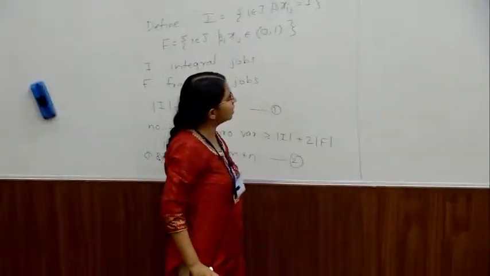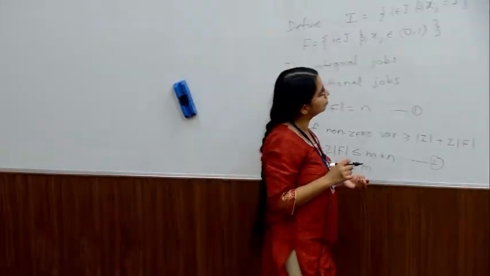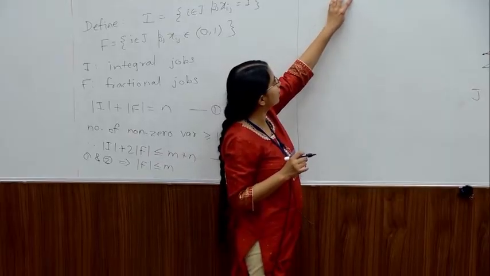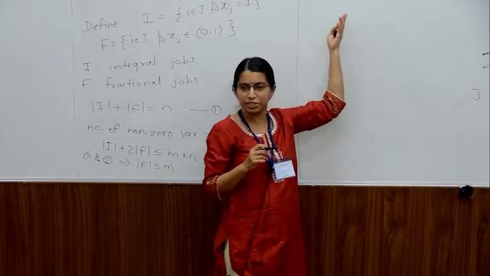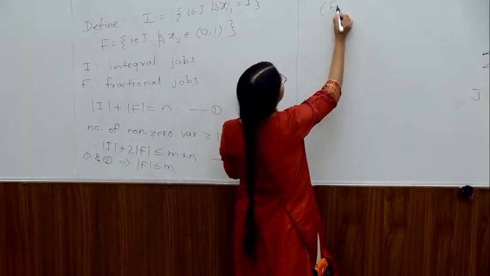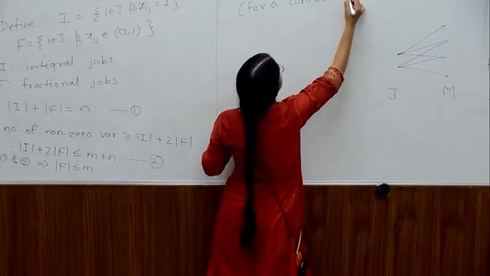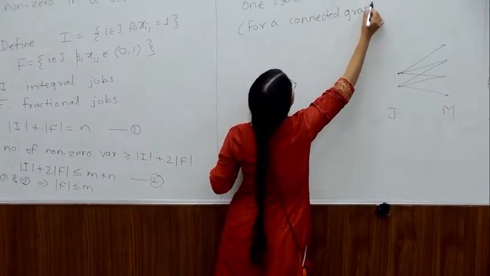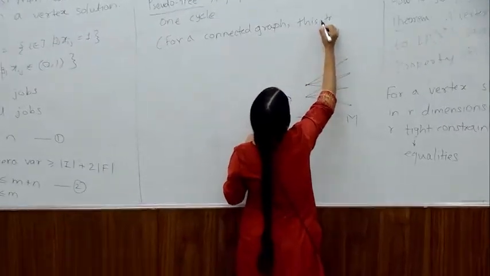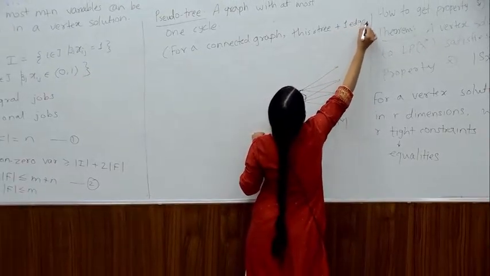How does the graph look? You can convince yourself that it is nothing but a tree plus one edge if the graph is connected. So for a connected graph, this is tree plus one edge. Very close to a tree, but one extra edge.